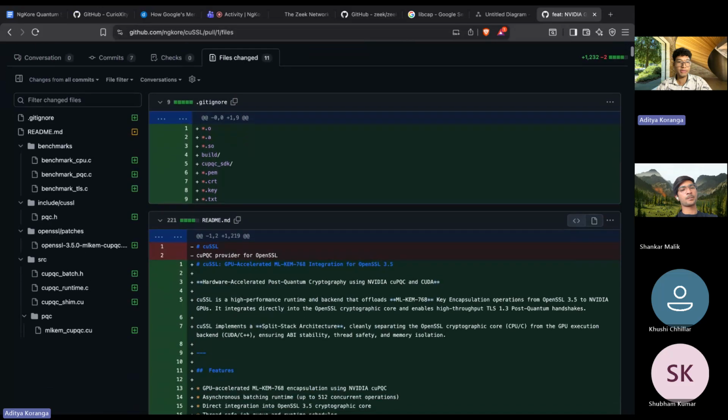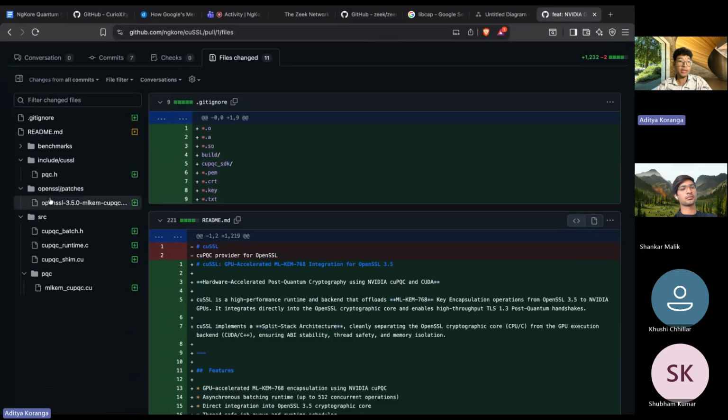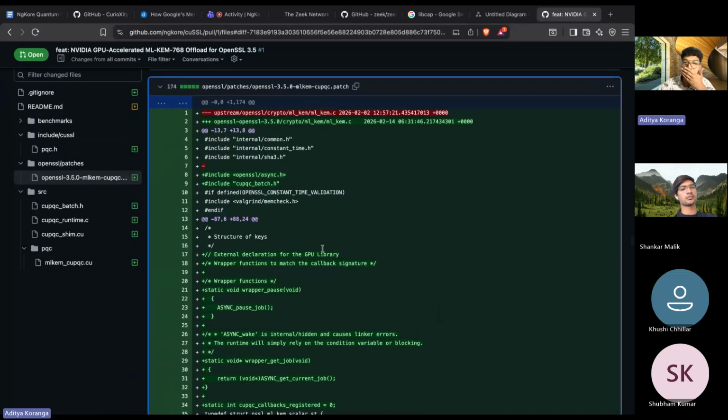Any questions or comments? I'll just explain the architecture, what we have done. These are the benchmarking files, and these are the OpenSSL patches. Earlier, we were thinking of creating a provider for OpenSSL that gives the GPU-based algorithms, but it's a very hectic task and not needed.